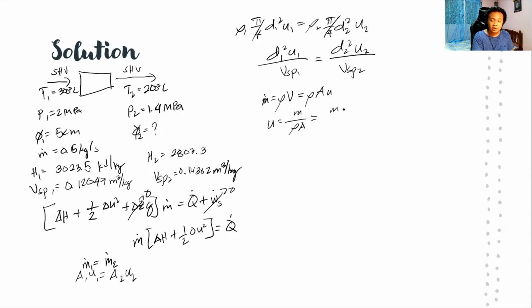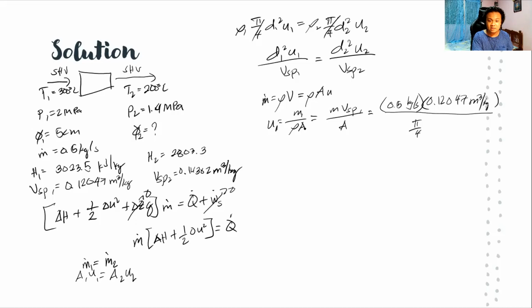Or because we are given the VSP1 over A, diba? So substituting, we have 0.5 kilograms per second times 0.1247 meters cubed per kilogram over the area at the first state, diba? So this is U1.